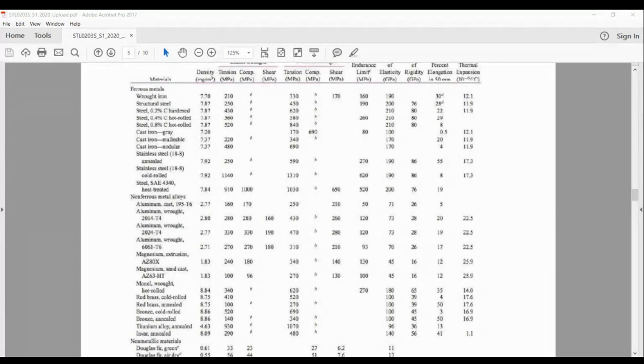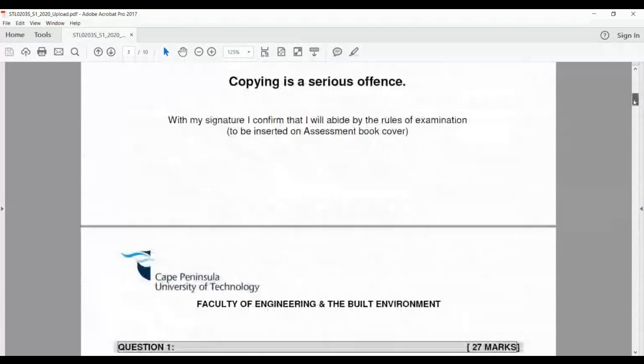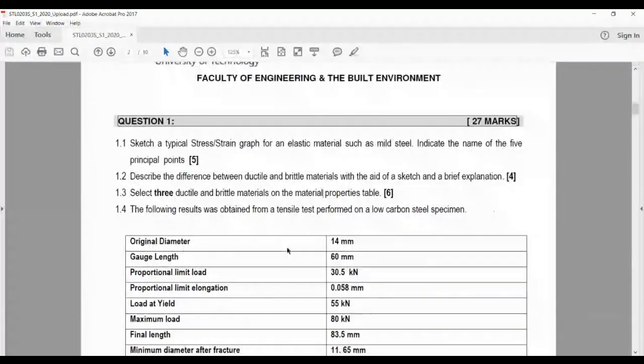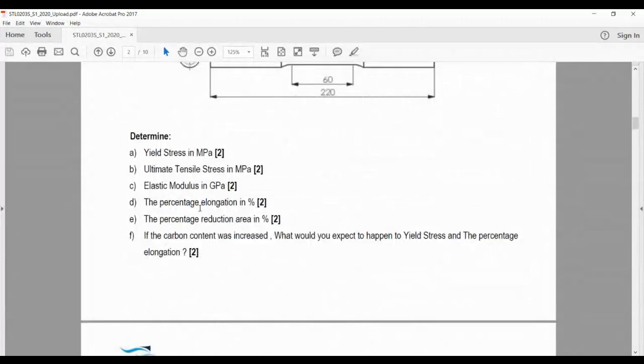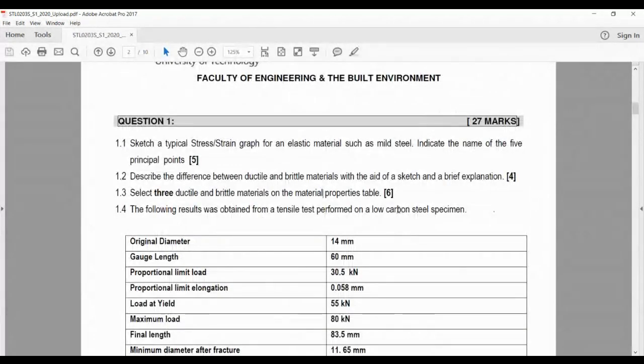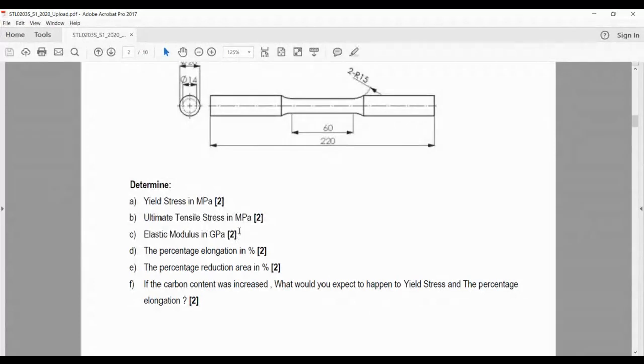I was not going to spend too much time on this particular thing. What I meant was, in this question I'm telling you it's a low carbon steel specimen. But sometimes I don't tell you what the specimen is, and I ask you here, find the modulus. Then what material do you think it is?